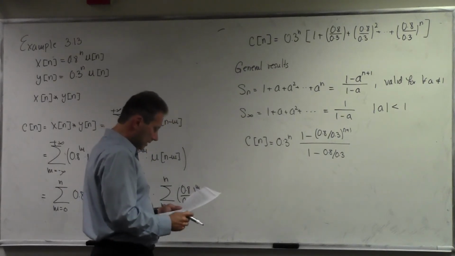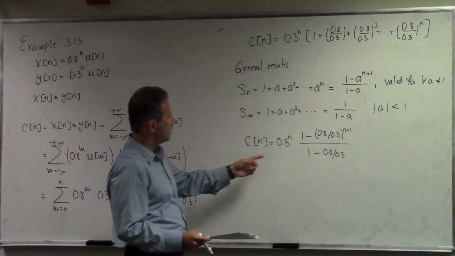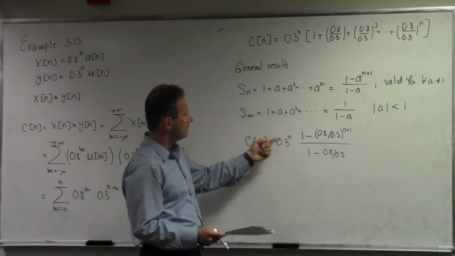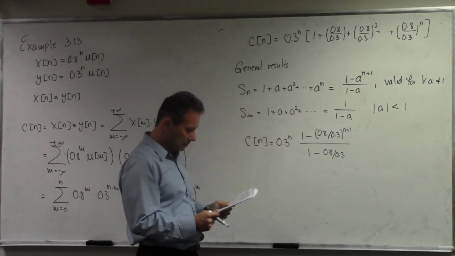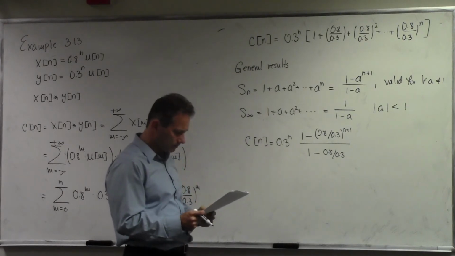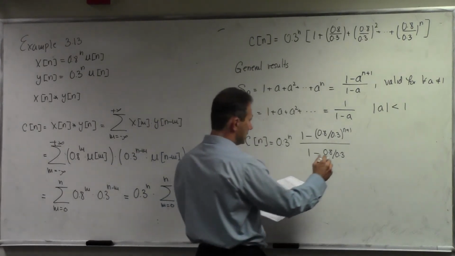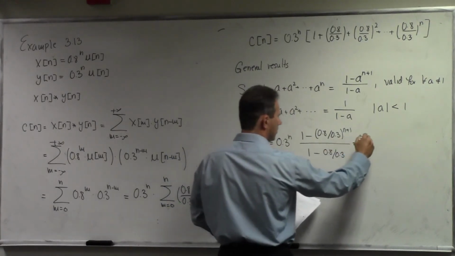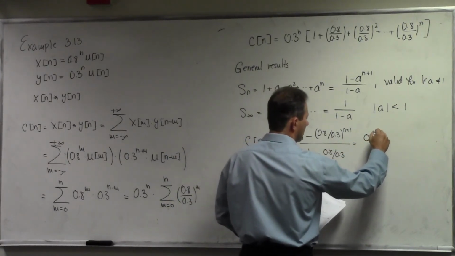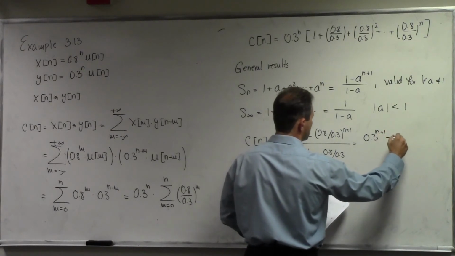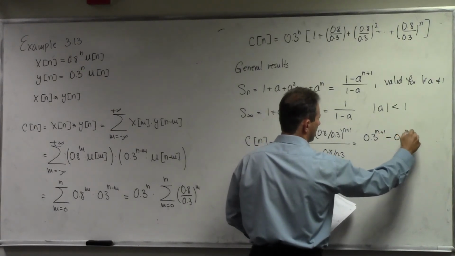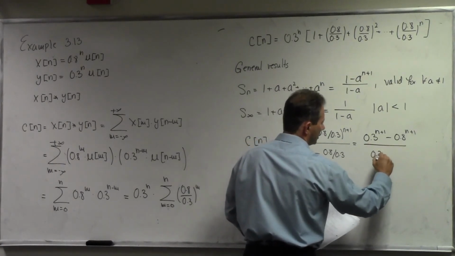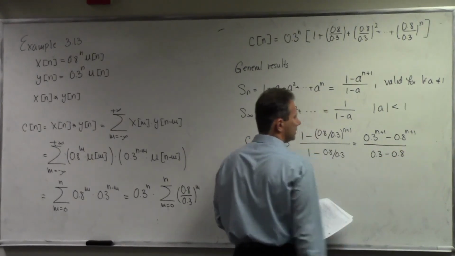So this can be cleaned up a little bit. I'm going to multiply everything with 0.3 to the power n plus 1. And if I do that, then I end up with 0.3^(n+1) minus 0.8^(n+1), and then downstairs I have 0.3 minus 0.8.